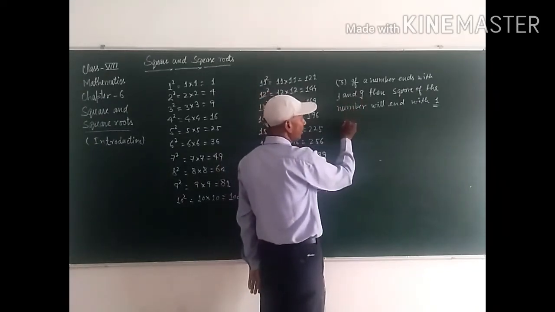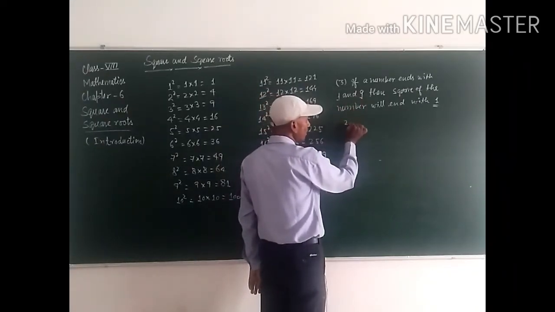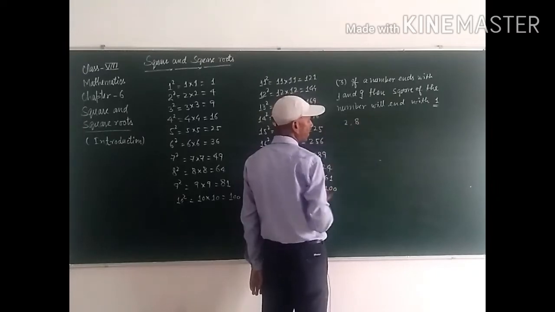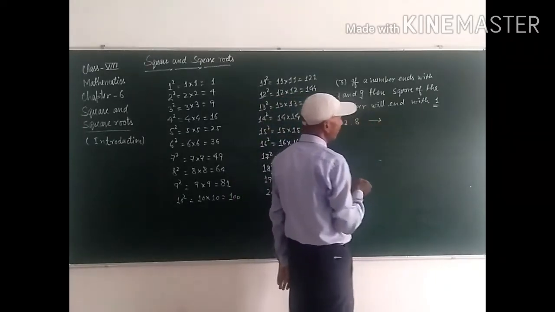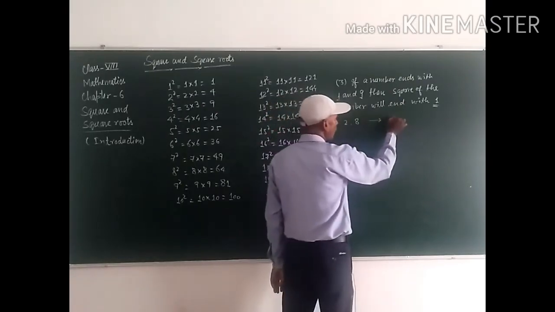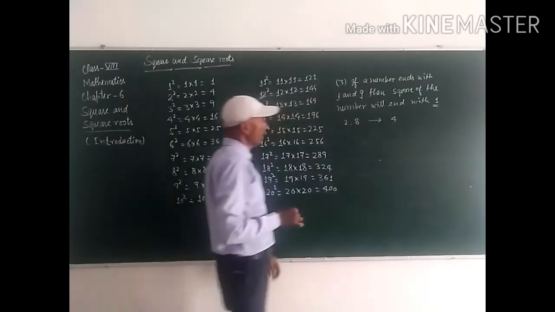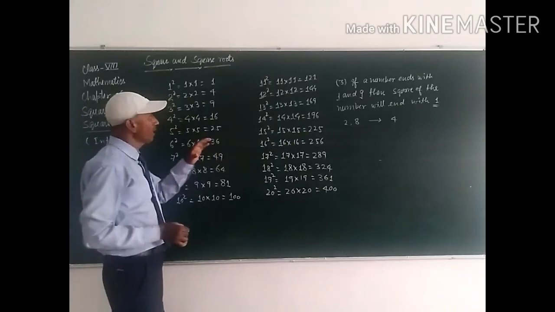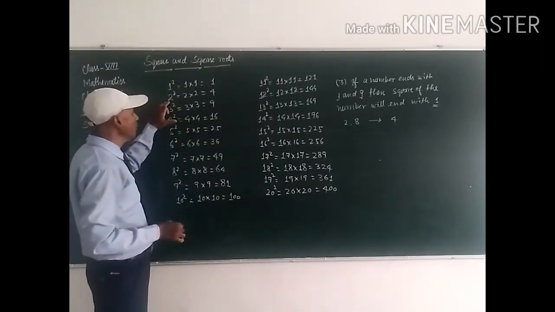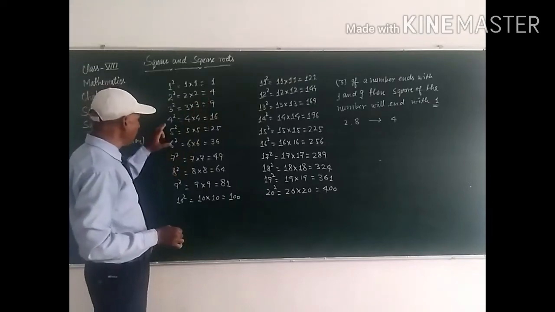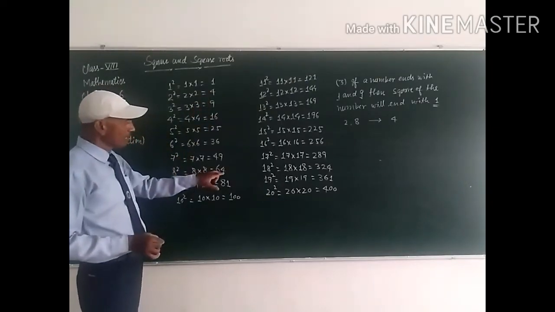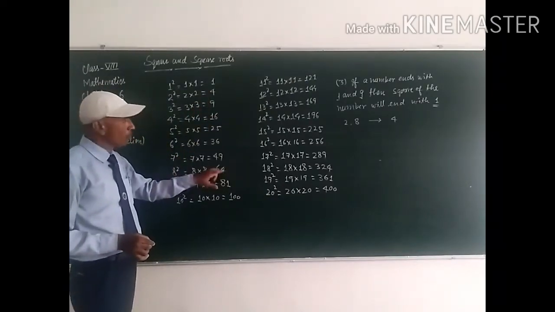Again, if the number ends with 2 and 8, then the unit digit of the square will be 4. Clear, student? In this table, student, we find that this one, 2, so in the square there is 4. Number is 8, then the unit digit of the square is 4.